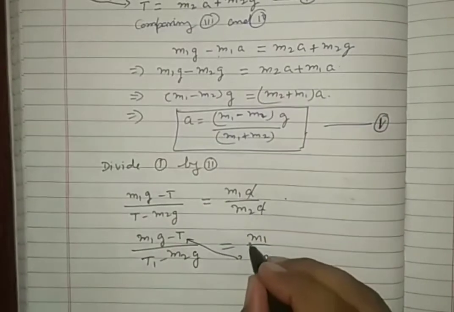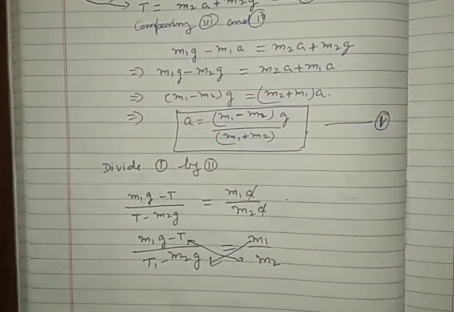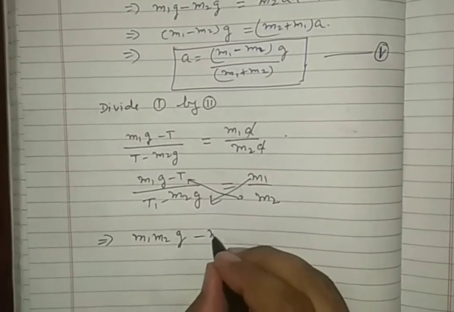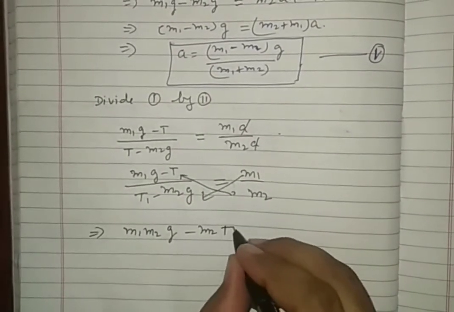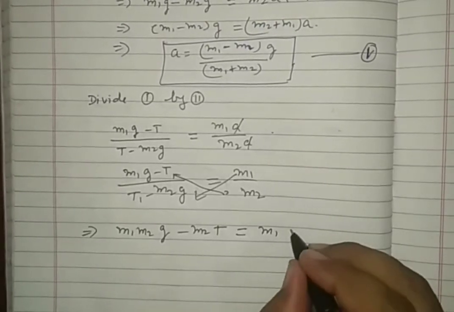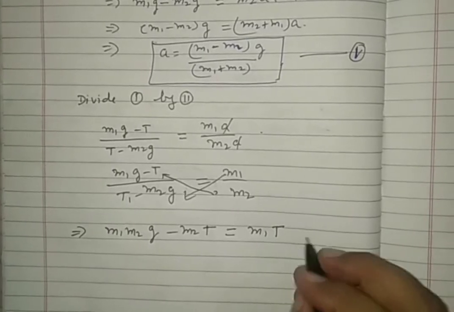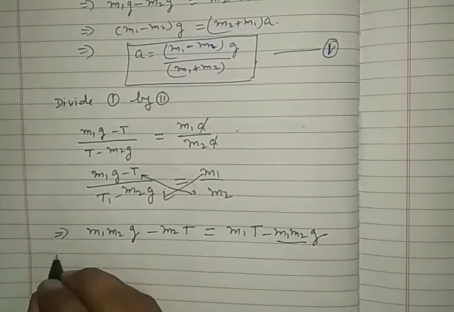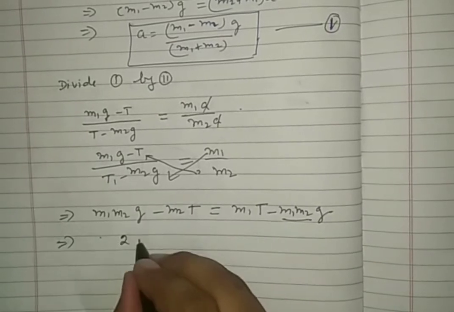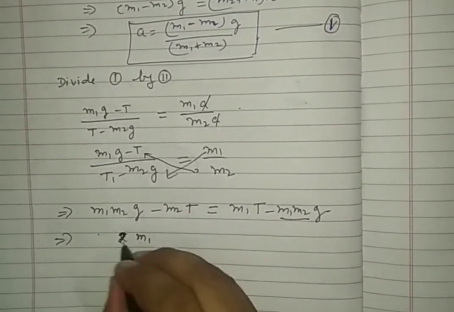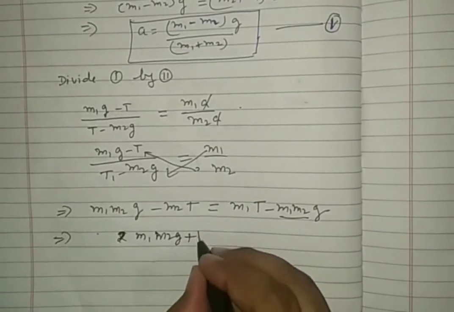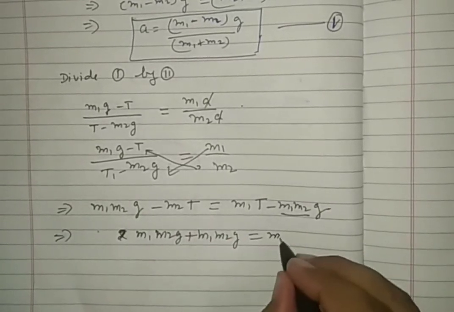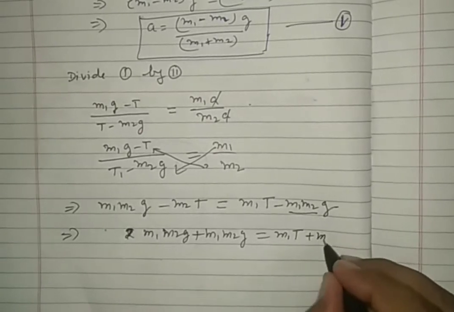Now cross multiply: M1M2G minus M2T equals M1T minus M1M2G. Transferring, M1M2G plus M1M2G equals M1T plus M2T.